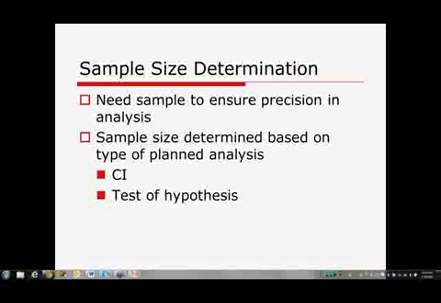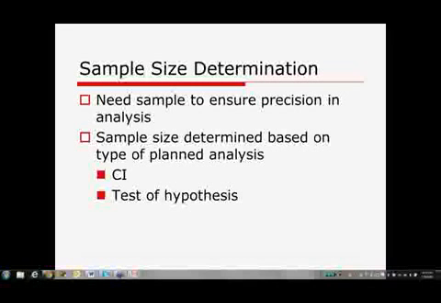Okay, for when you're figuring out sample size determination, there are a number of inputs that you need. Some of them are statistical, some of them are substantive. The statistical ones, to be quite honest with you, are relatively easy to figure out.